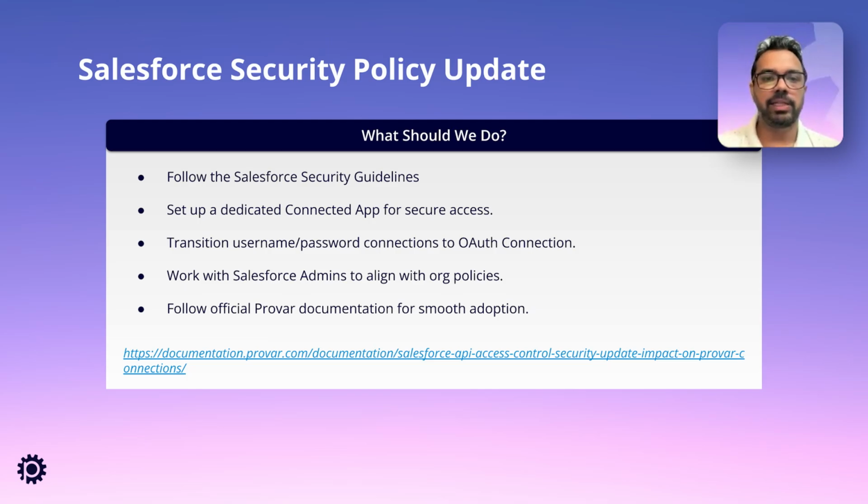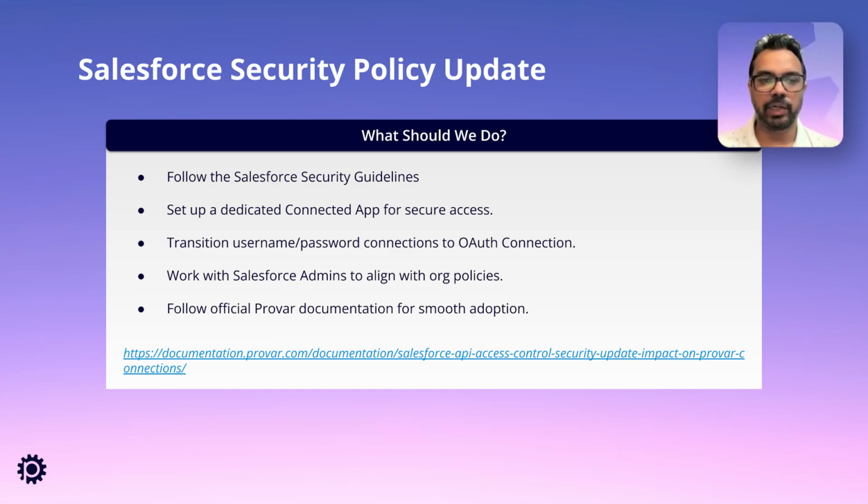We have mentioned more details in our help page. We have already published documentation on our website. We have already sent a notification to our customers with the guidelines on what they have to do. Please do follow that and make sure you upgrade your connection to OAuth.